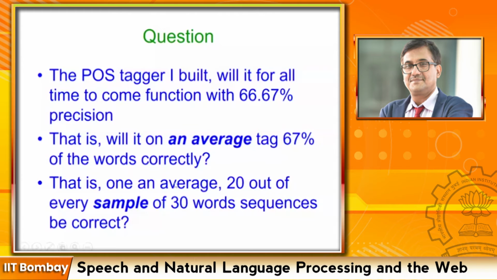That means, will it on an average tag 67% of the words correctly? That means, on an average, if I have a 30-word sentence, 20 out of those 30 words will be tagged correctly on an average for all time to come.